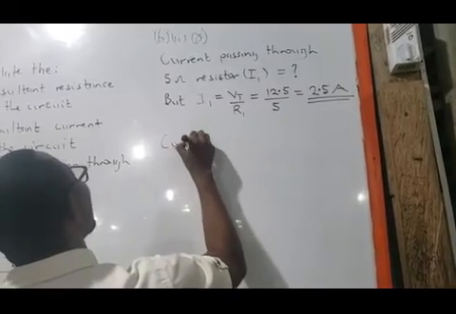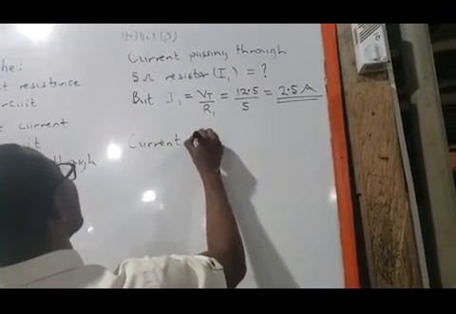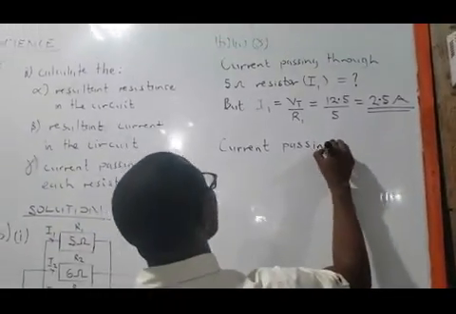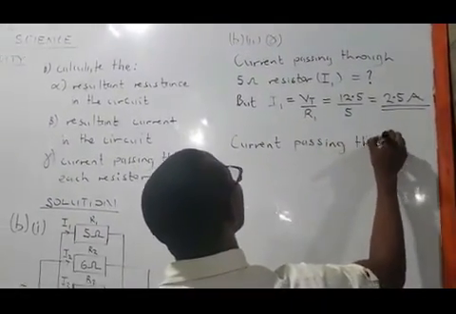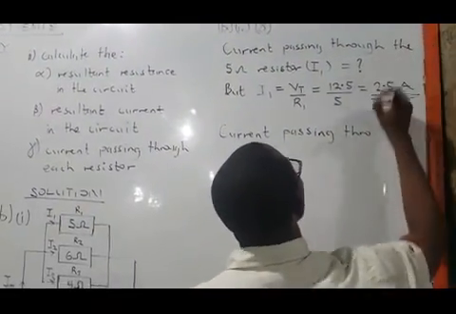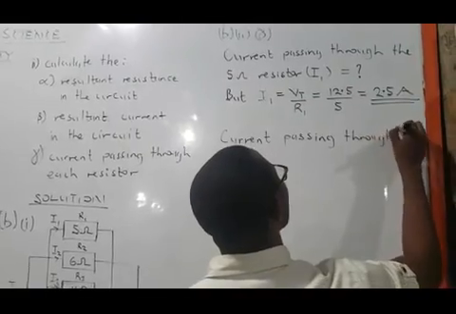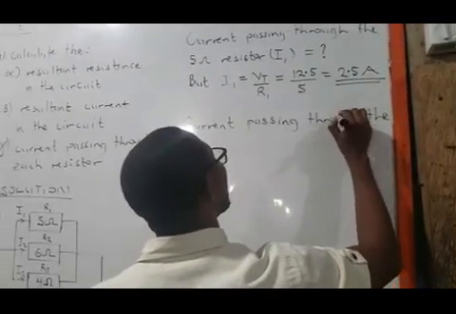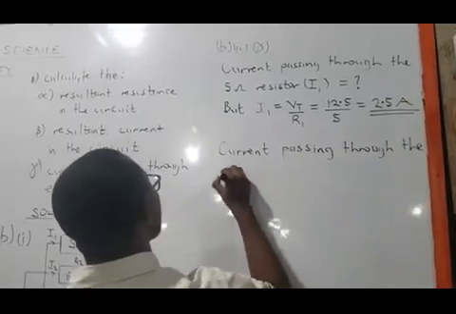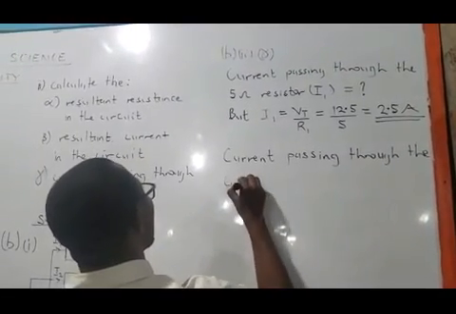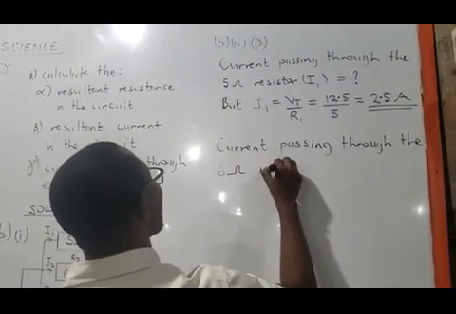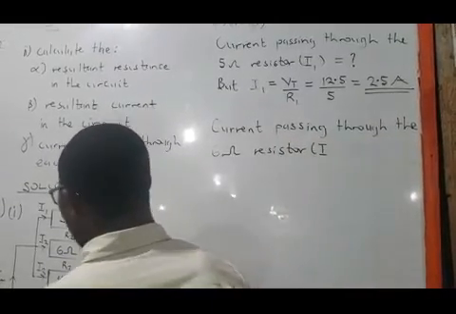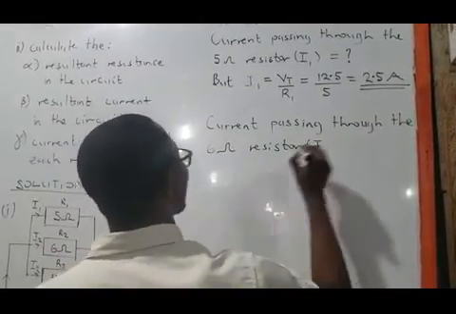Now let's look at the one flowing through the 6 ohm resistor. The current passing through the 6 ohm resistor, that's what I have labeled as I2.